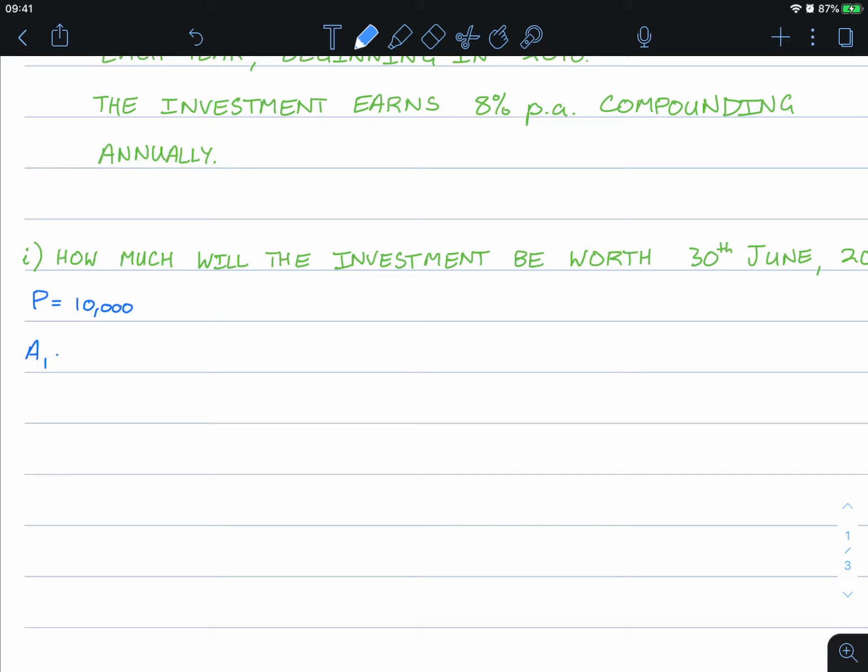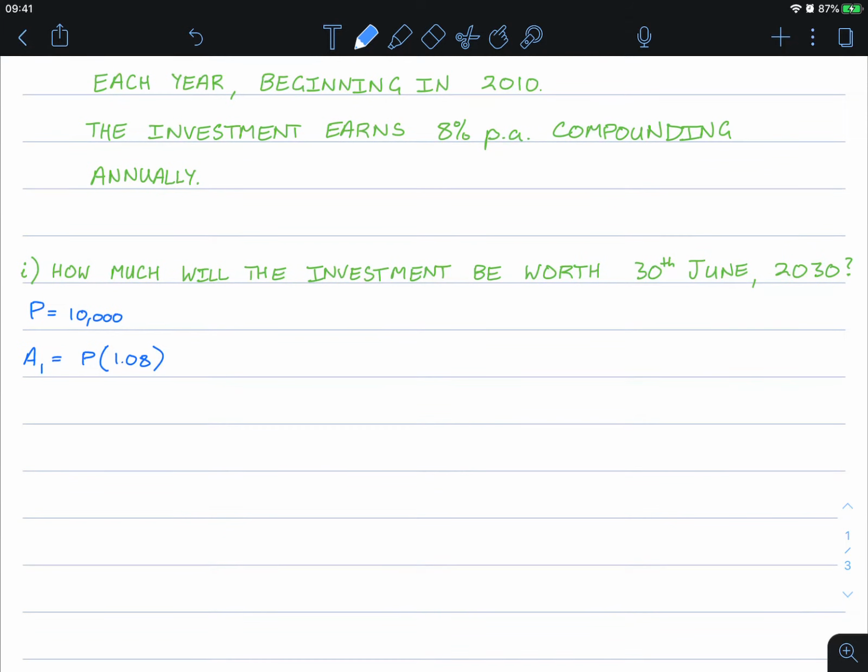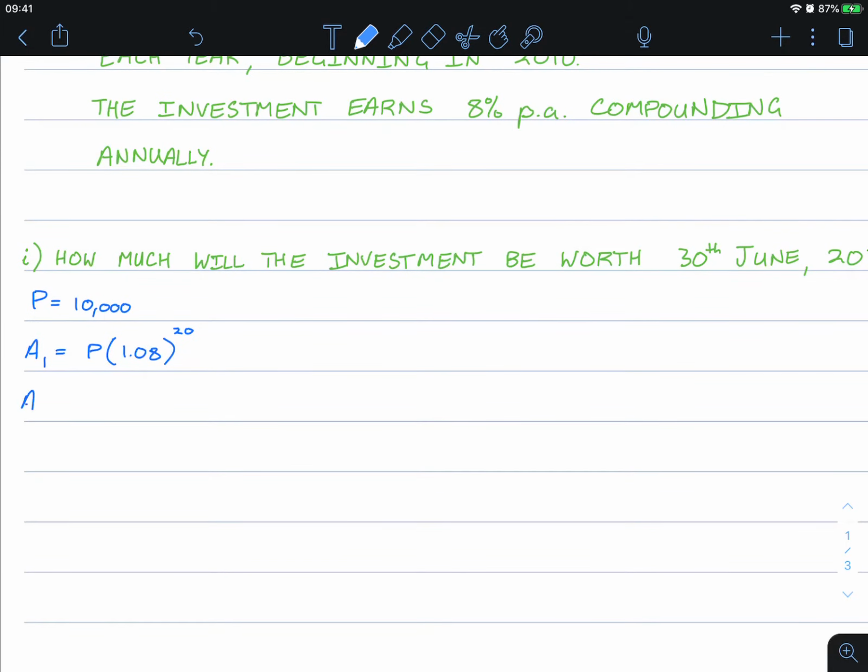So my first investment, the first installment, is going to be that $10,000, compounding annually for 20 years. The second installment is that $10,000 times 1.08, compounding for 19 years.